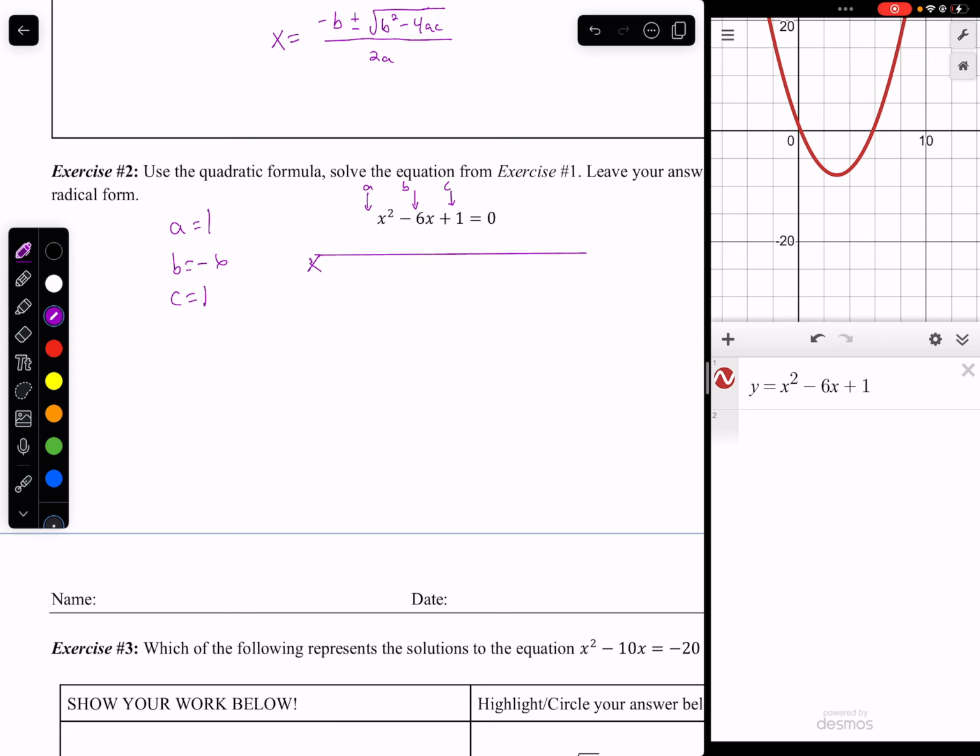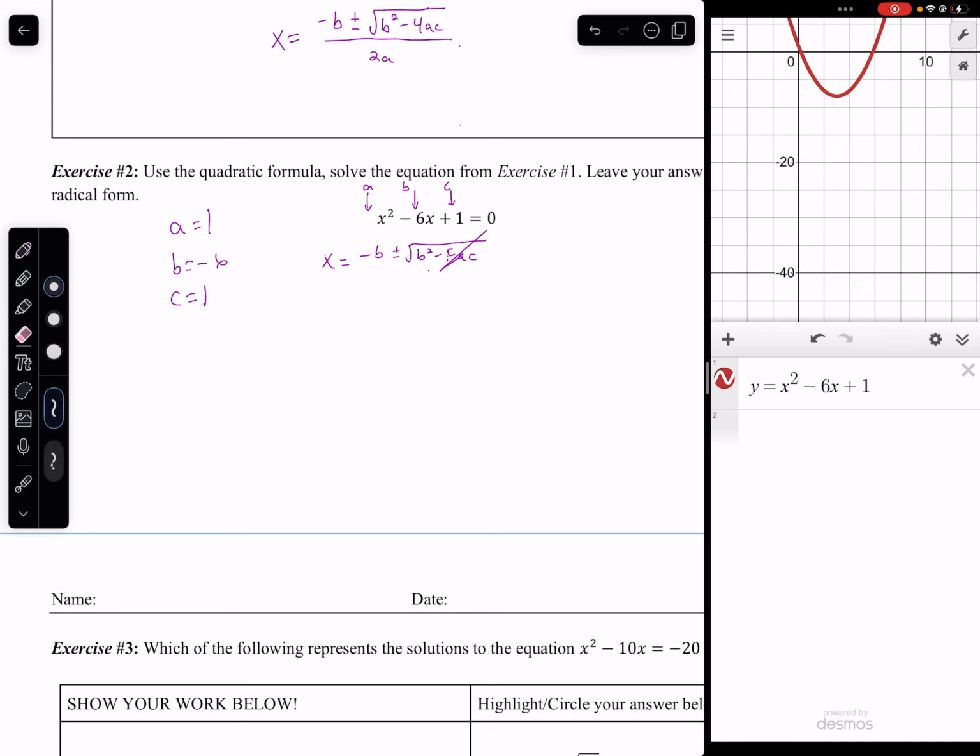So the formula is, I recommend you write it down each time you use it. x equals negative b plus or minus the square root of b squared minus 4ac, all over 2a.